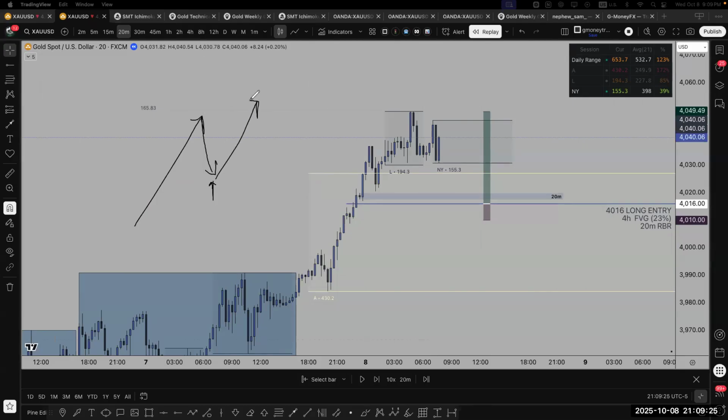So I try to focus on where price is bouncing to make that higher low. Sometimes it's a fib level, sometimes it's the Asian session, sometimes it's 50% of the previous day, 23% of the previous day. Those are the things we have to focus on.